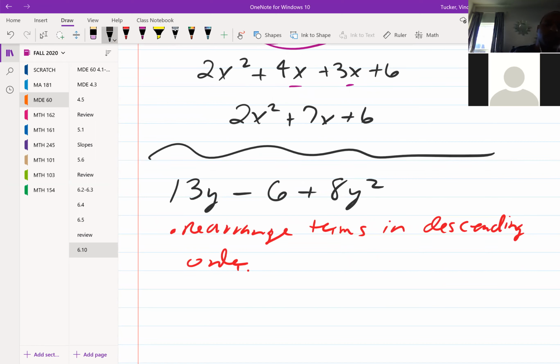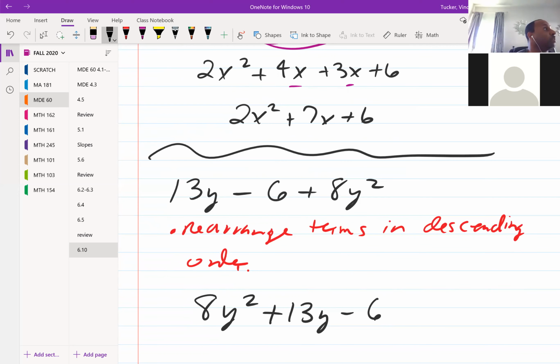So it'd be 8y squared plus 13y minus 6. Remember, your order, whether it's descending or ascending, is dependent upon the exponent on your variable. So that's why I have 8y squared, then 13y to the first power, and then minus 6 with no y at all.